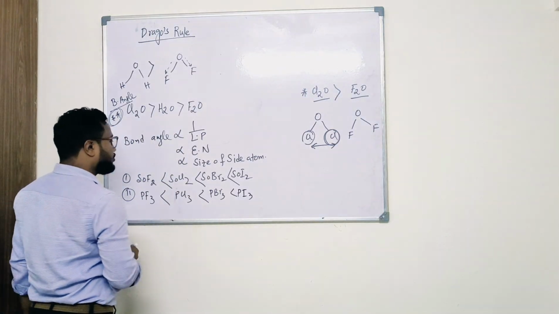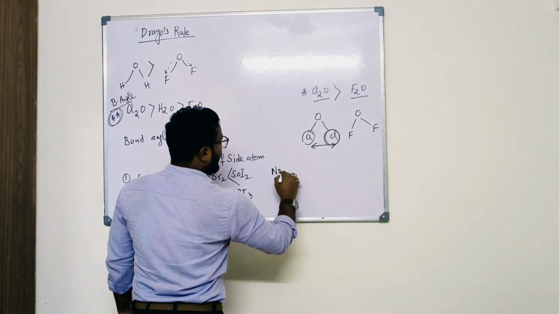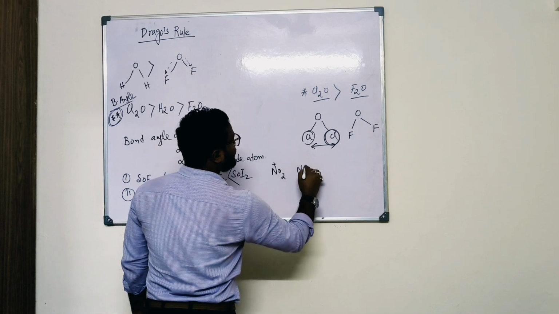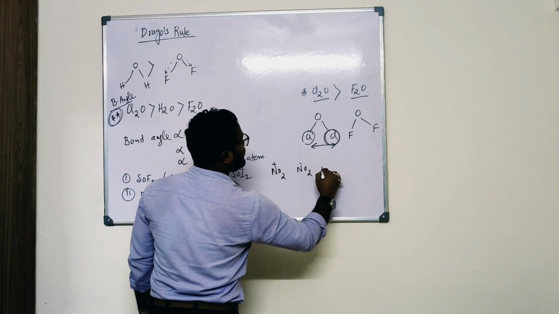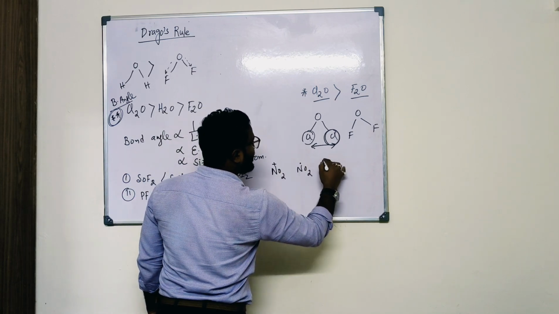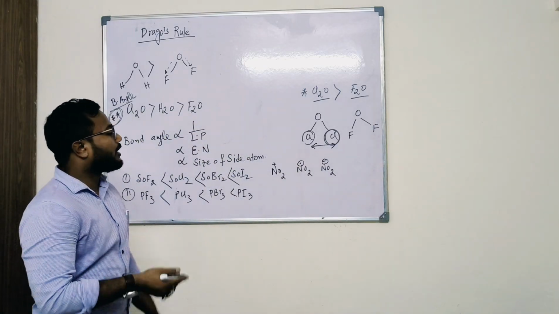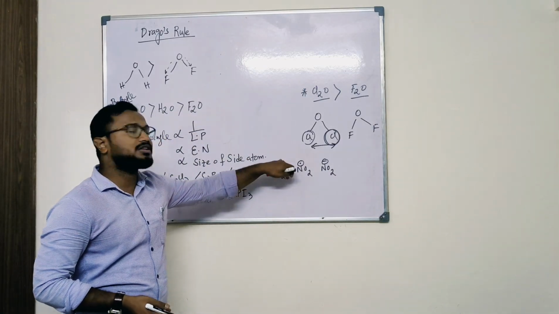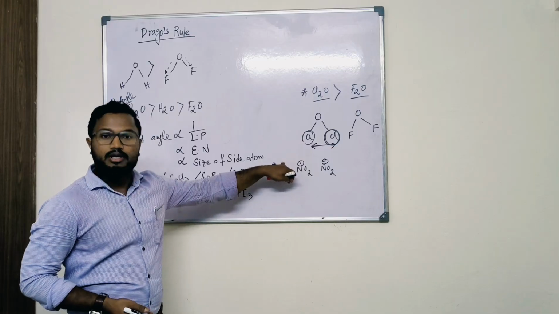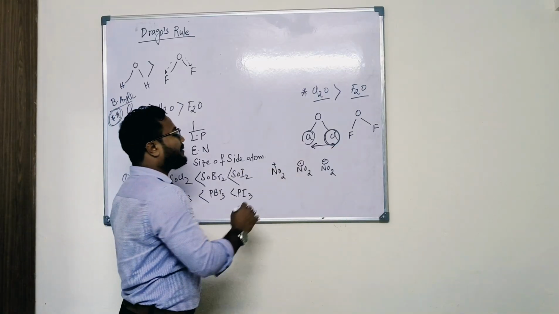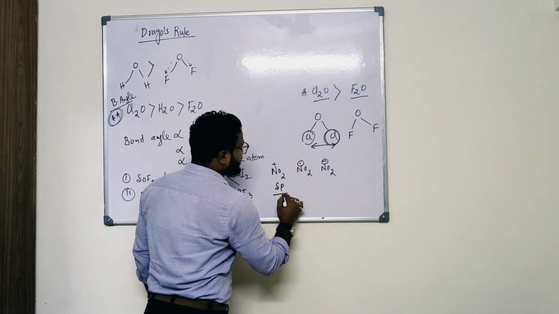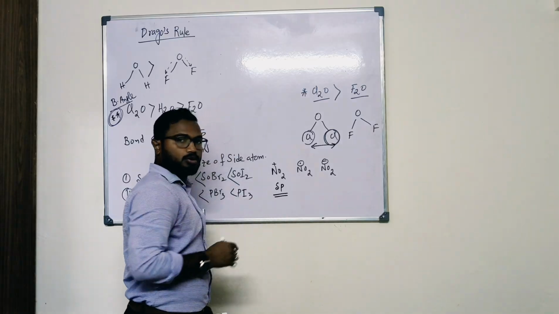Let us consider you take NO2 plus, NO2 dot and NO2 minus. For that, what is going to be the bond angle? For NO2 plus, nitrogen has 5, plus charge, 5 minus 1, 4 divided by 2, 2. So hybridization is sp. It has the highest bond angle, near about 180 degree.